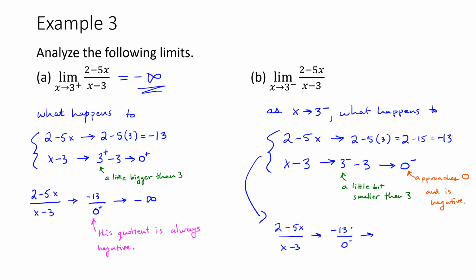So I've got a negative number on the top divided by another negative number on the bottom, so it'll approach positive infinity. This one will be positive, since you're dividing negative by negative.